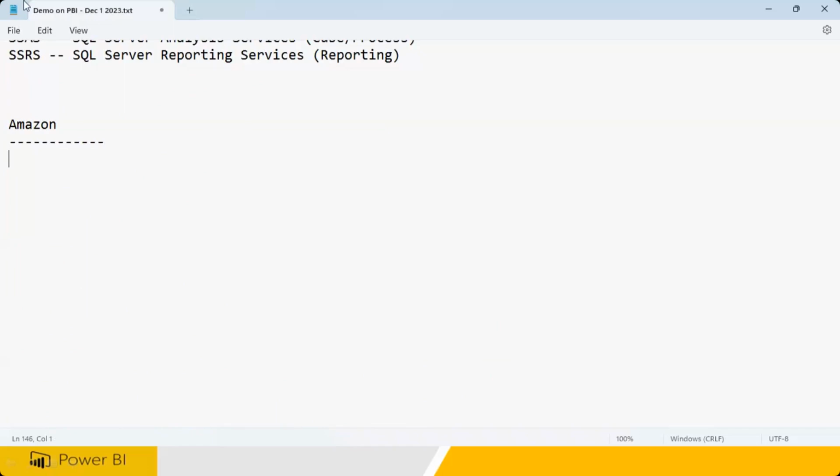Amazon has a lot of data, but Amazon does not have any reporting or visualization. You think like that. So they wanted to give the data. Based on the data, we are supposed to create a lot of visualizations and reports for Amazon. That is what is called the problem statement here.